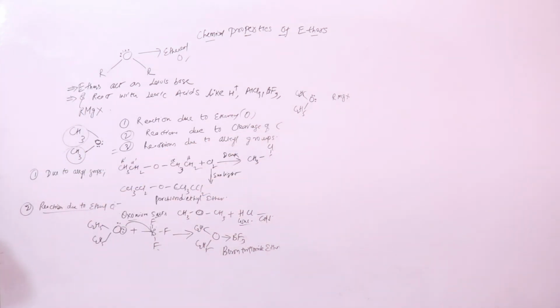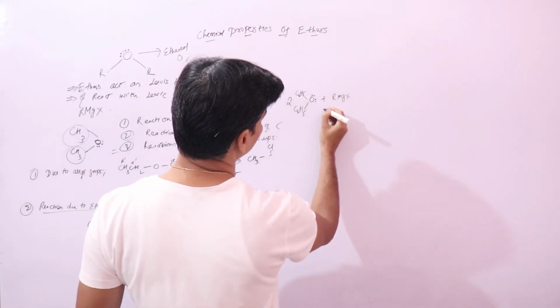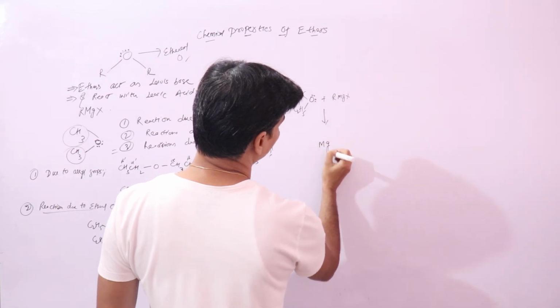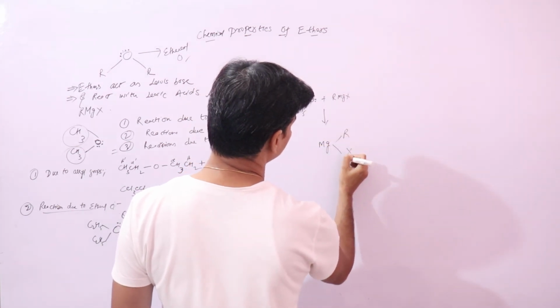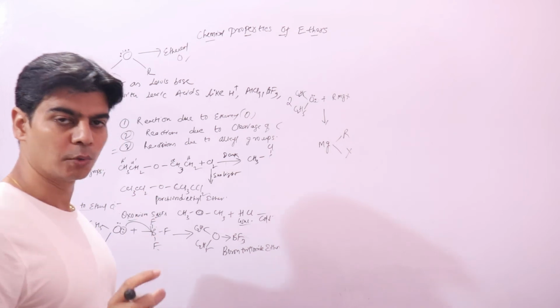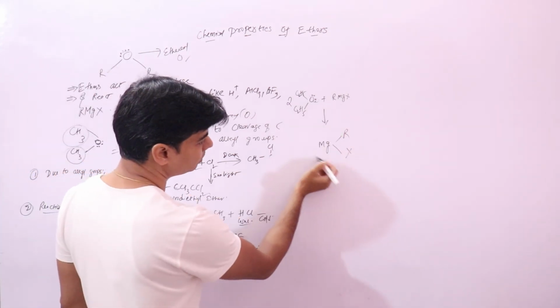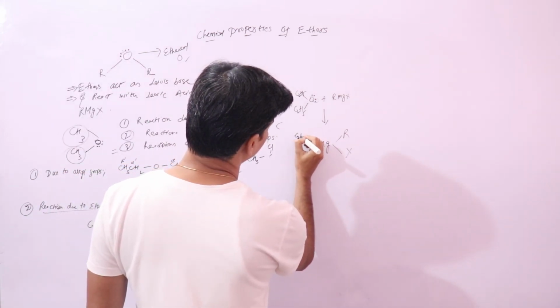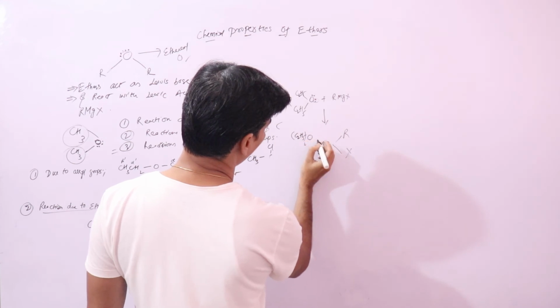Two molecules of diethyl ether will react with RMgX to form a coordination compound. Through the lone pair of electrons, one molecule of ether will form a bond with magnesium, because it can accept electrons. C2H5 twice O.